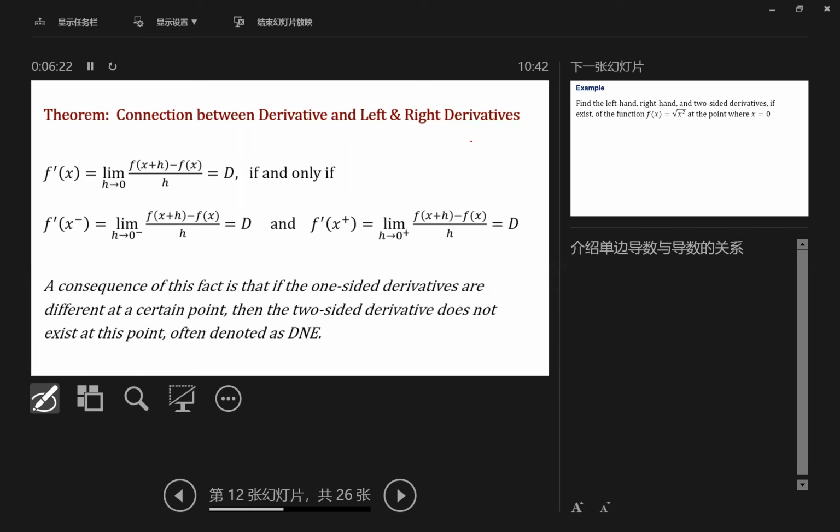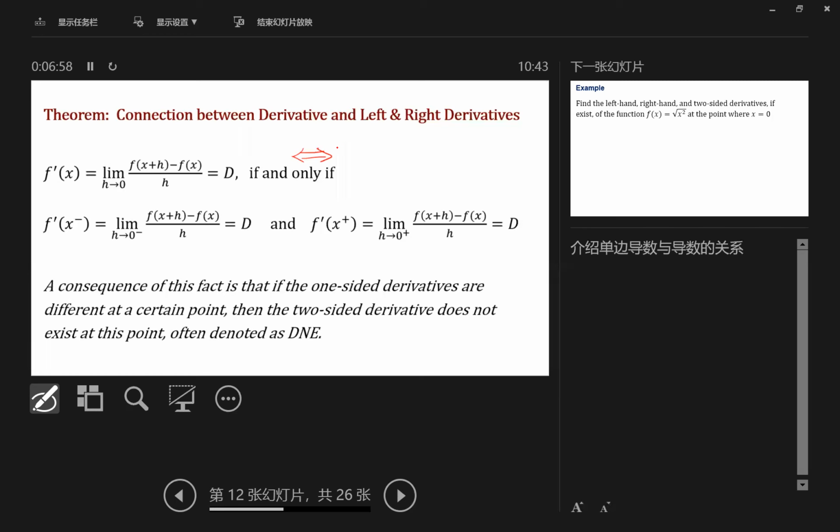The theorem says that the derivative of f at x, f prime x, which is defined as the limit of that function when h approaches 0, equals d if and only if the left derivative at this point equals d, and the right-hand derivative of this function also equals d.